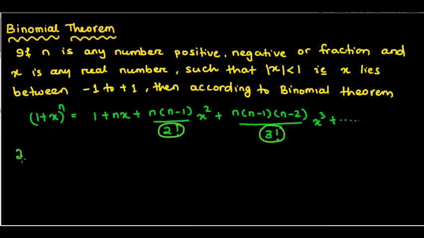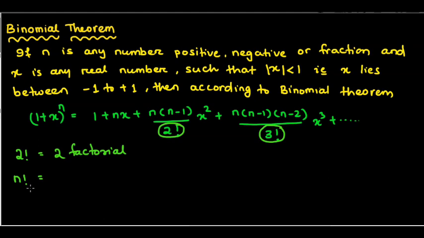So you can read this symbol as 2 factorial. So what is the meaning of the term factorial? Suppose I write n factorial. N may be 5, maybe 10, maybe 100, maybe 6, any number.